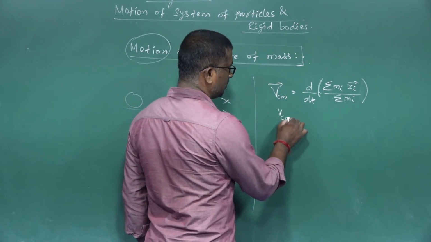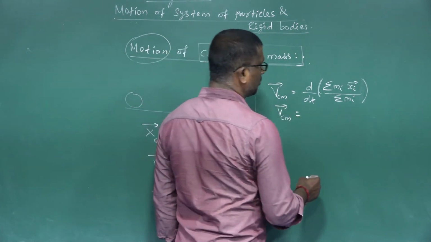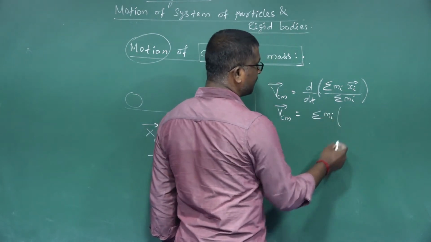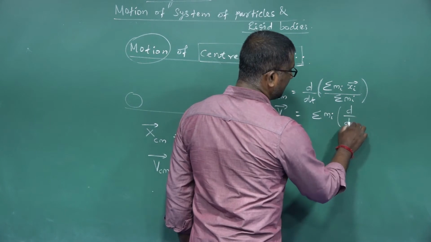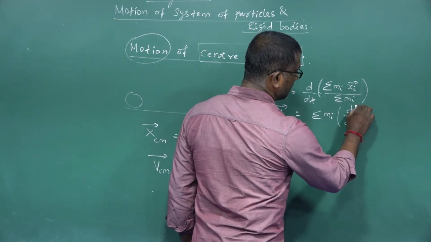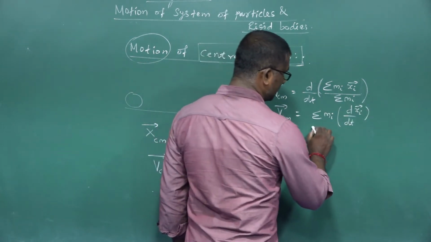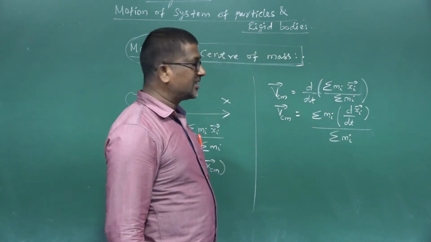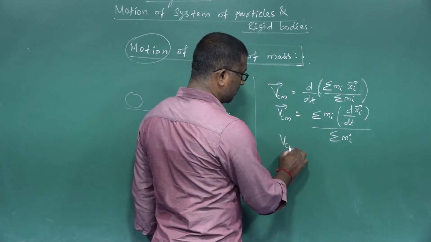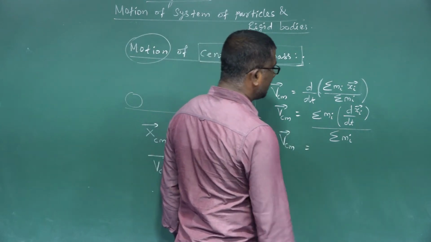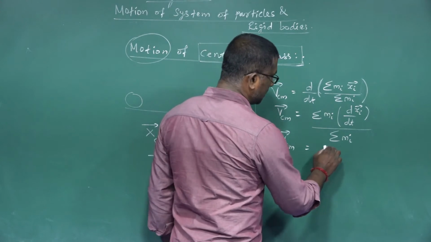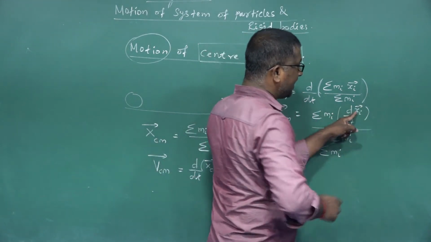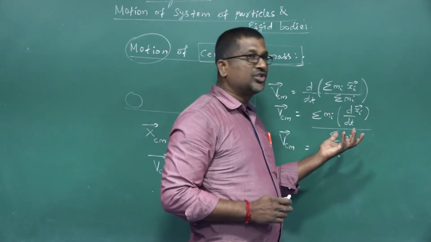Or V_cm vector is equal to summation m_i of d/dt of x_i vector, divided by summation m_i. Here x_i is a position vector.